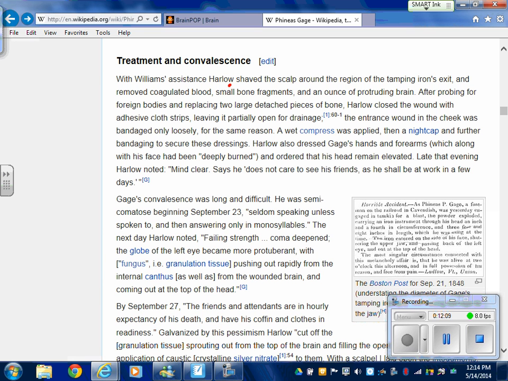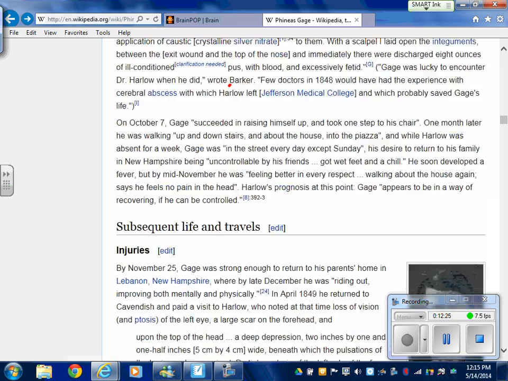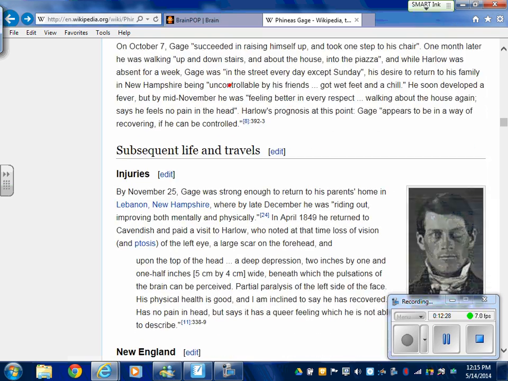Before that, he was the foreman of the crew. He was in charge. He was a good, hardworking person. And afterwards, he was prone to fits of anger, and he cussed, and he couldn't hold a job, and he couldn't concentrate. And so all of this led people to the original studies of what parts of the brain do different things.